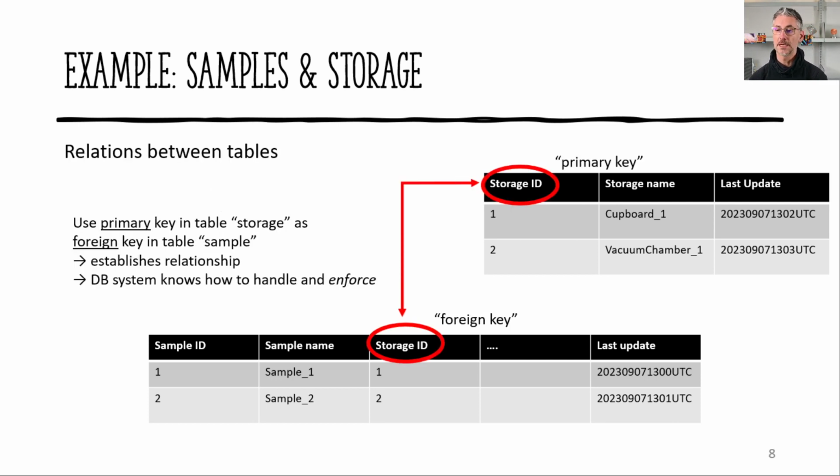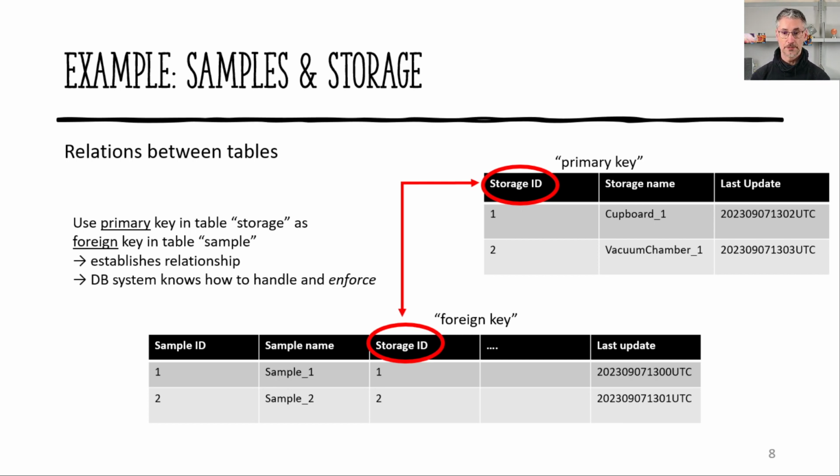But as we've alluded to before, the storage ID now appears twice, and this is where we have the foreign key concept. So the primary key in the storage table identifies the storage location inside the storage table. And now we want to link the sample with the storage. So which sample is in which storage location. And instead of writing, for example, in a string, cupboard, we use the storage ID. And this is called the foreign key in the table of sample ID.